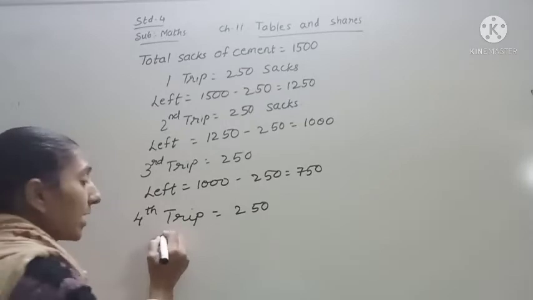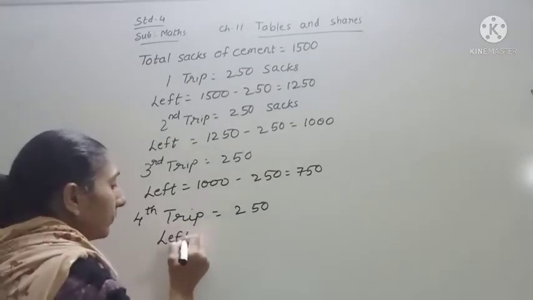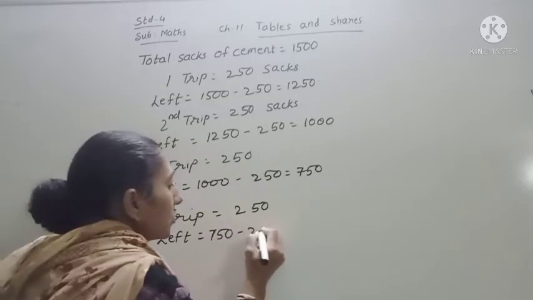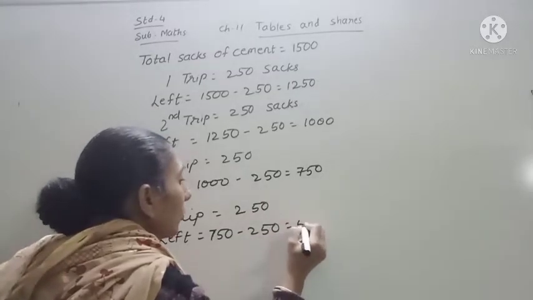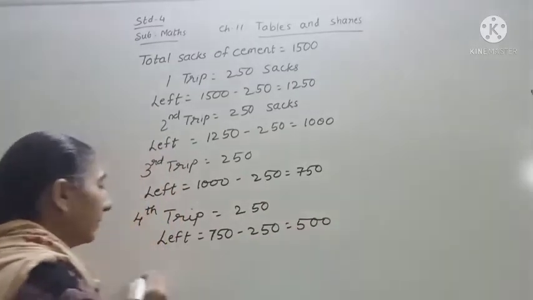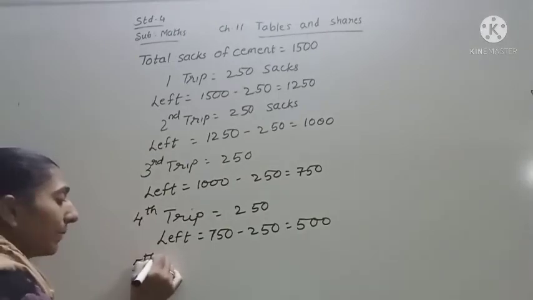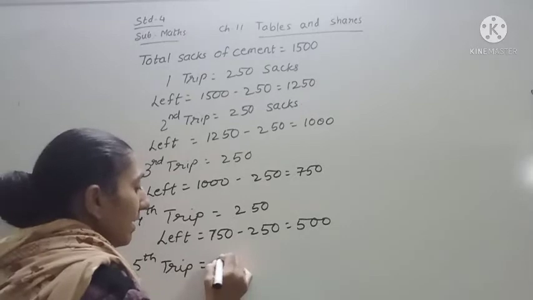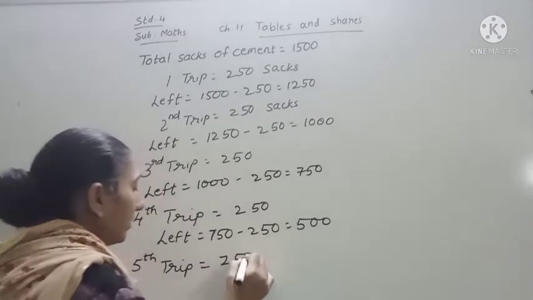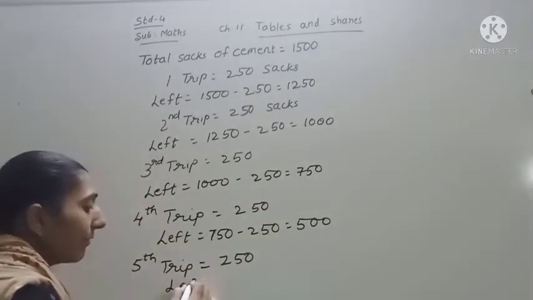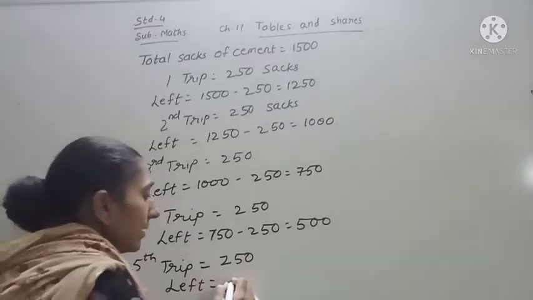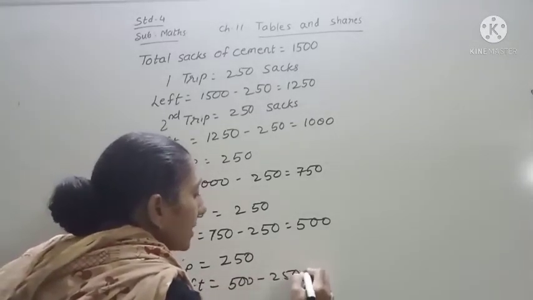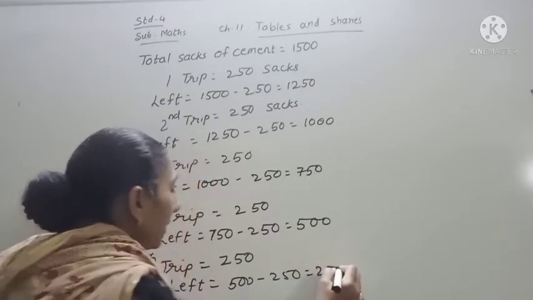How many are left now? 750 minus 250 is equal to 500. Now in the fifth trip, again 250. Now how many are left? 500 minus 250 is equal to 250.